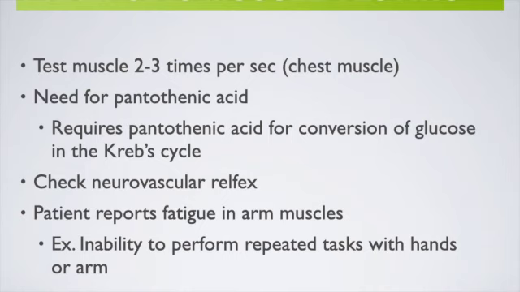We could also test it at a slow rate too, and see how they compare. What Dr. Goodhart found often was a need for pantothenic acid, which is needed to quickly convert glucose in the Krebs cycle, because of course anaerobic muscles basically burn up the glucose that's stored in the muscle, and when that glucose is done, then the muscle starts to fail.